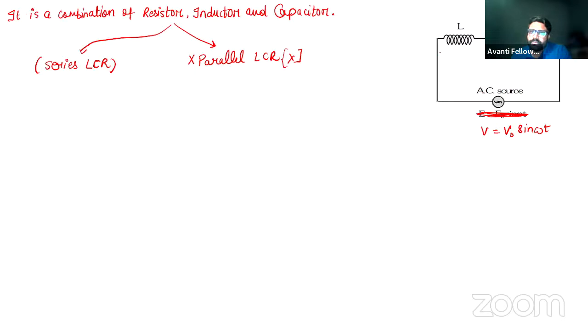We know by the analysis of pure inductive circuit and pure capacitive circuit that in a pure inductive circuit, current will lag, and in a pure capacitive circuit, current will lead. So we only focus on the value of current.